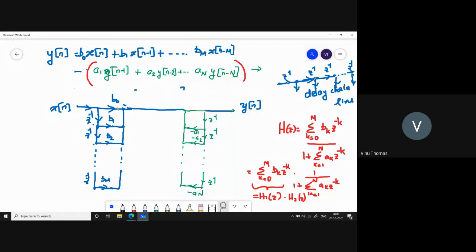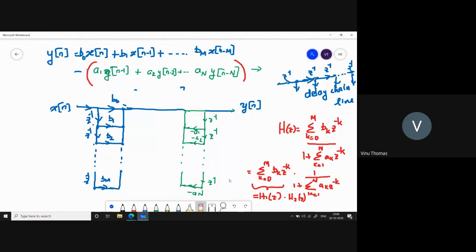So I can interpret this in a number of ways. This part implements the zeros of your filter, because if you factorize the numerator, you will get the zeros. And here you are implementing the denominator, and therefore this implements the poles of the filter, because the roots of the denominator correspond to the poles of the filter.